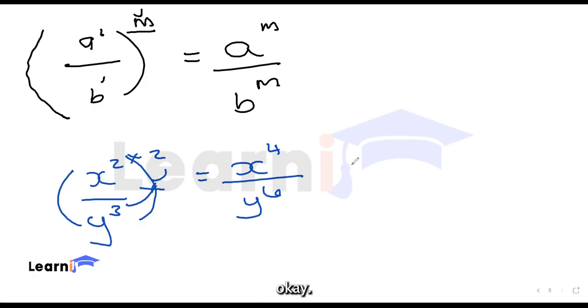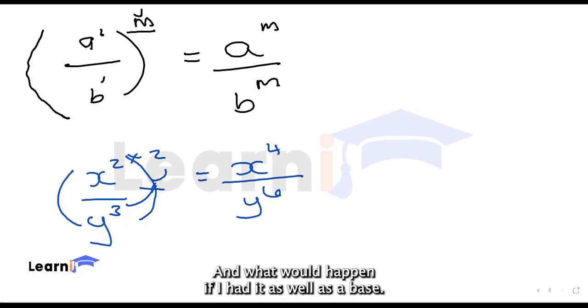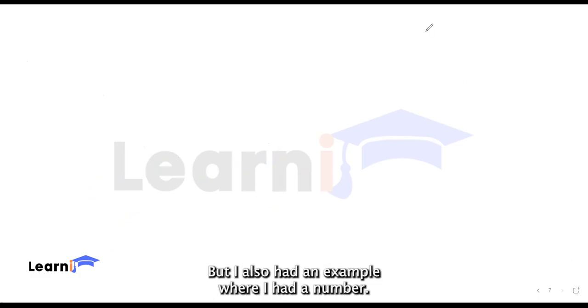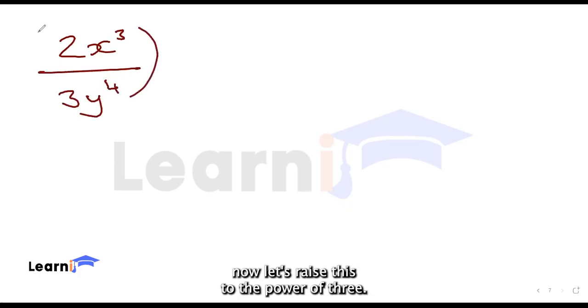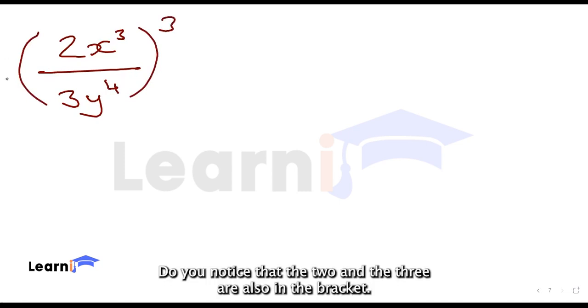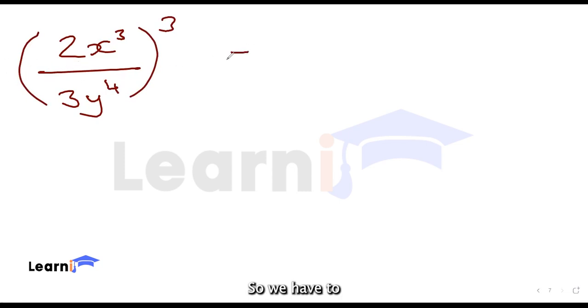Okay. And what would happen if, as well as a base, I also had a number? So let's look at this. If I had 2x to the 3 over 3y to the 4, now let's raise this to the power of 3. Do you notice that the 2 and the 3 are also in the bracket and they're part of the fraction? So we have to raise them accordingly.